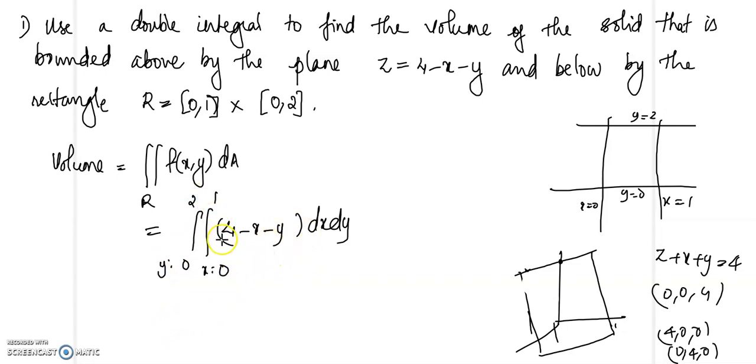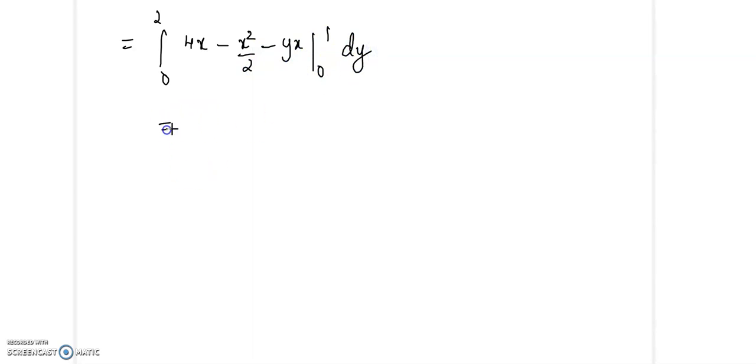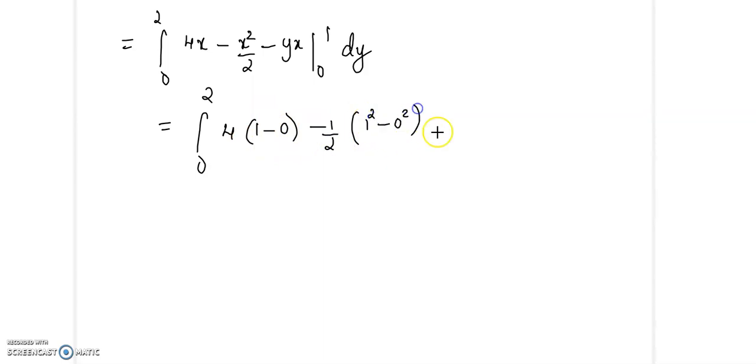Now first integrate with respect to x. So we will get the integral from 0 to 2 of [4x minus x square by 2 minus yx] from 0 to 1 dy. Now apply the limits on x. So 4 into 1 minus 0, minus 1 by 2 into 1 square minus 0 square, minus y into 1 minus 0, dy.